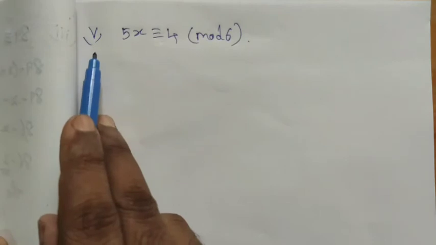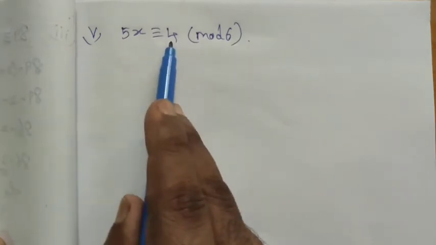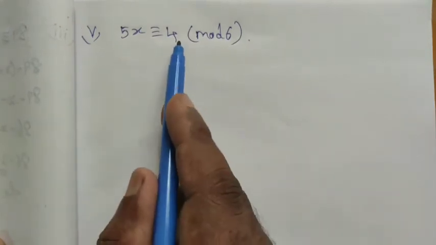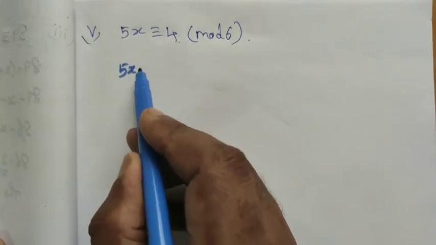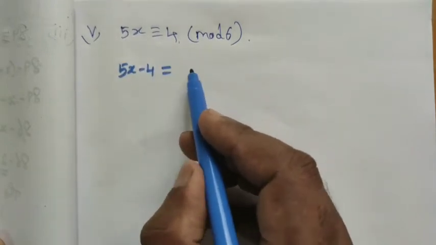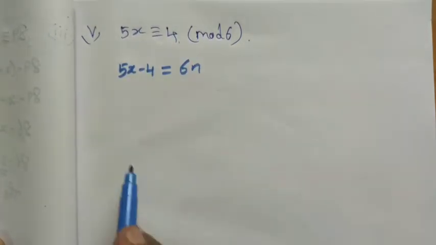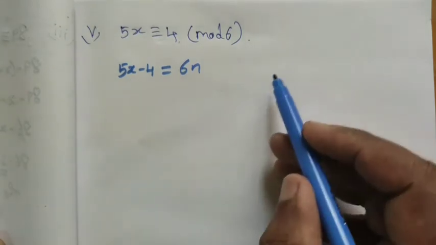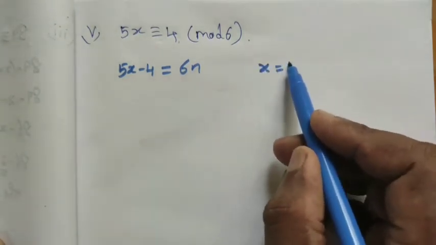Let's see the fifth Roman number. 5x congruent to 4 mod 6, right? I take this 4 to this side, that is 5x minus 4 is equal to 6n. Let's check one by one. Let's give x equal to value 1. What do you get?